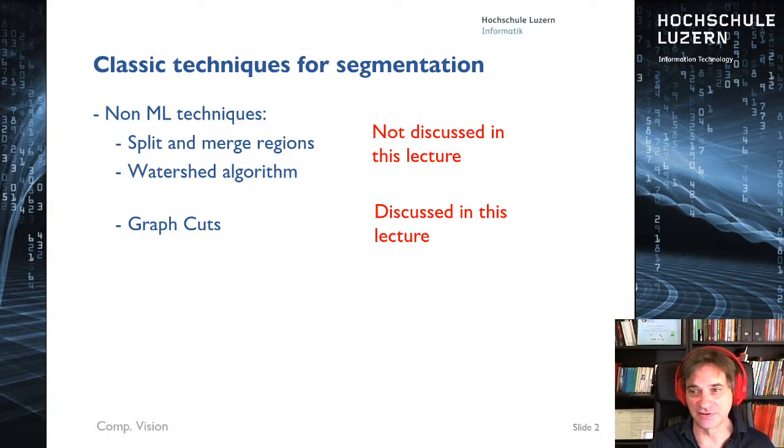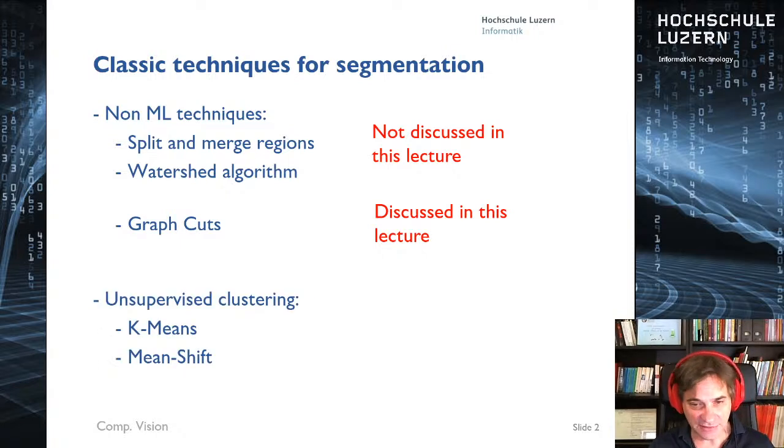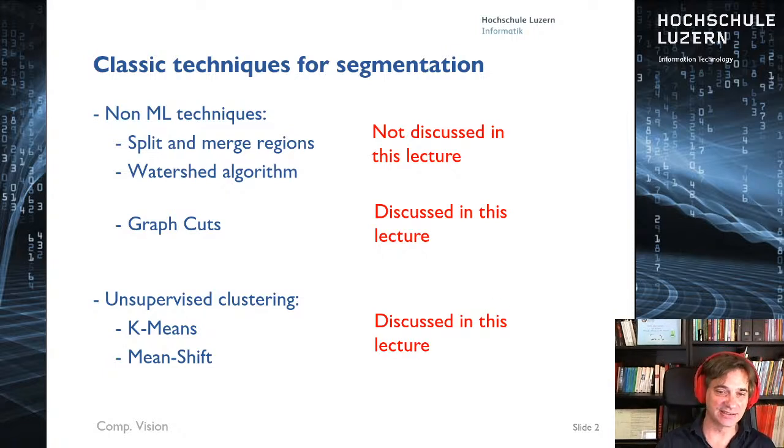So this is kind of the standard approach that you can use in segmentation. We will look at graph cuts at the end of this lecture today. First, we look at some techniques that come from unsupervised machine learning, like k-means and mean shift, that we will do next.